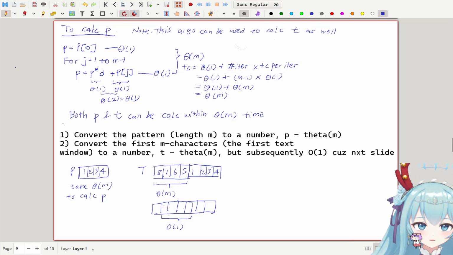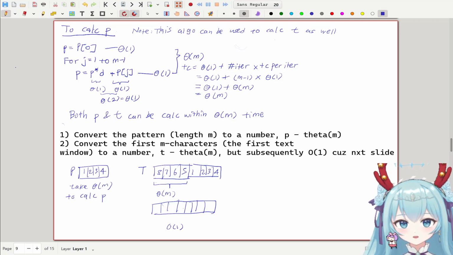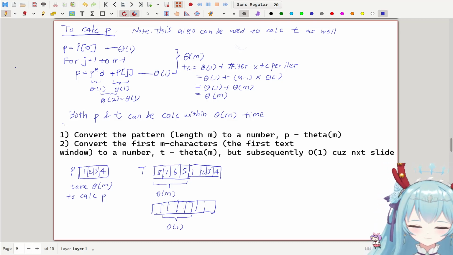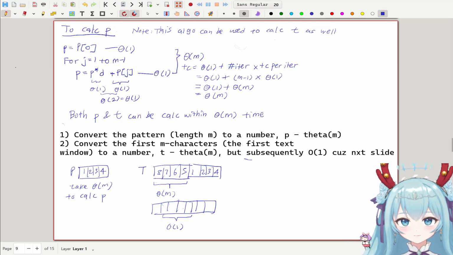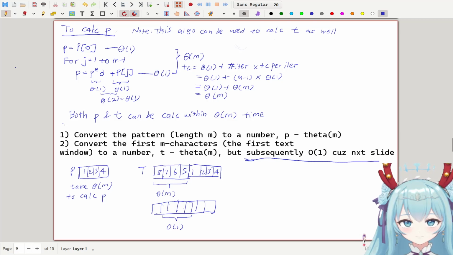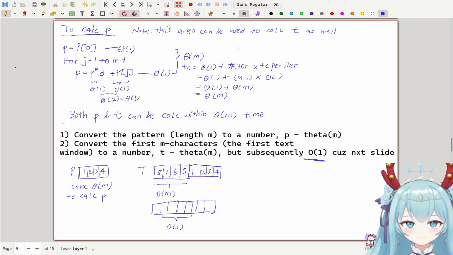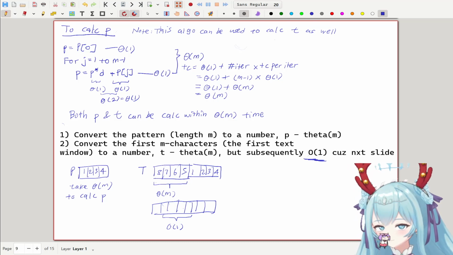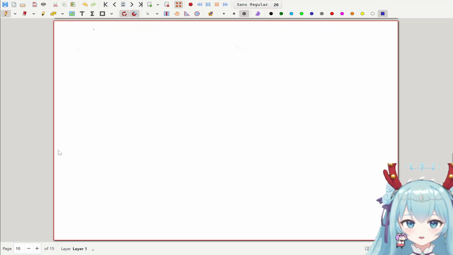And the same logic for the next window, it will also be O of 1, so on and so forth. So how can we ensure that the subsequent parts will all take O of 1? And it's actually very straightforward. So let's move on to the next slide.